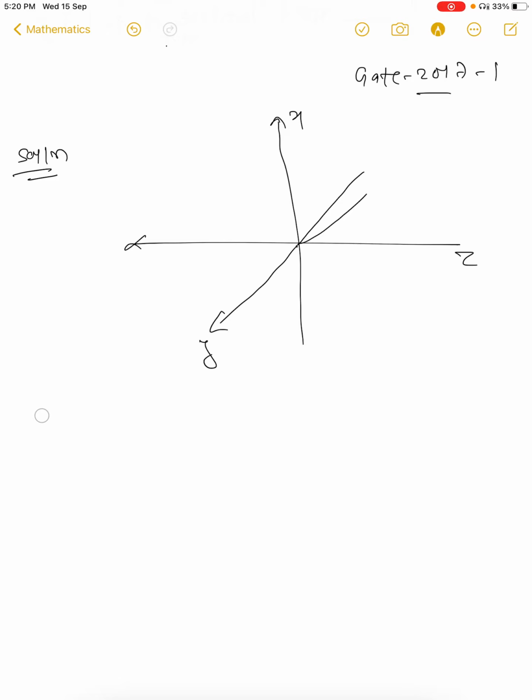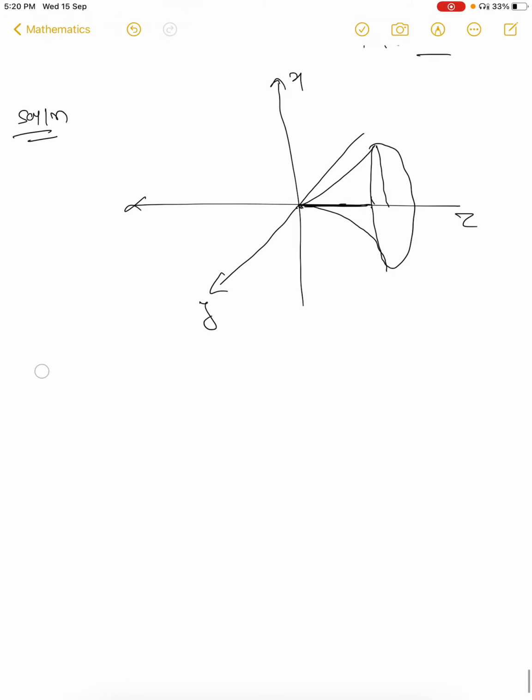So the equation graph will look like this, and z will be 0 to 1. So here, consider x square plus y square is equal to t square, and t square is nothing but z cube.